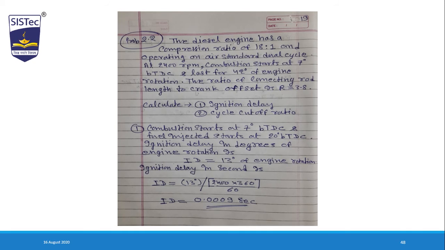According to the condition, the combustion starts at 7 degrees before the top dead center and fuel injection starts at 20 degrees before top dead center, according to standard parameters. So the ignition delay in degrees of engine rotation, represented by ID, is 13 degrees of engine rotation.